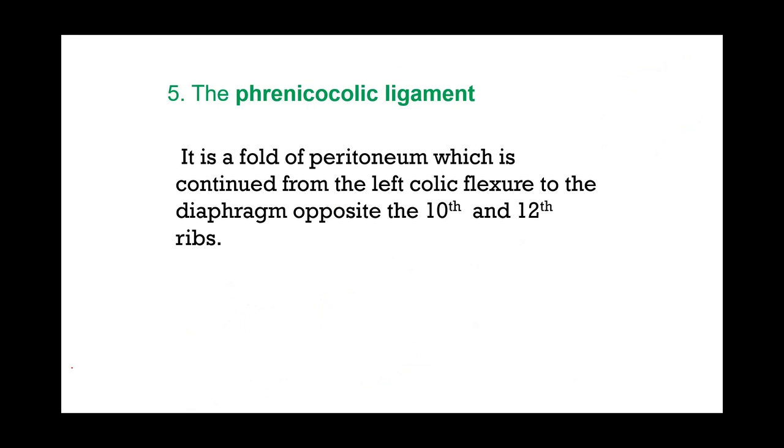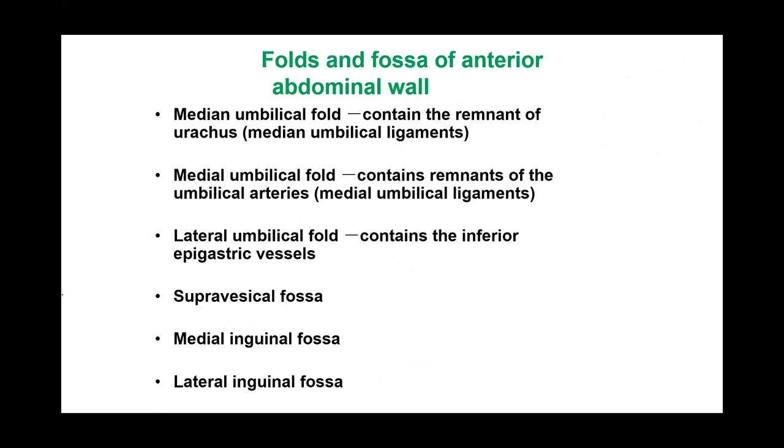The phrenicocolic ligament is a fold of peritoneum which is continued from the left colonic flexure to the diaphragm, opposite the 10th and 12th ribs.